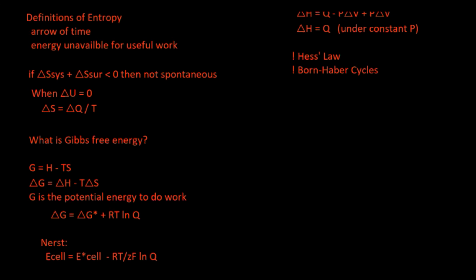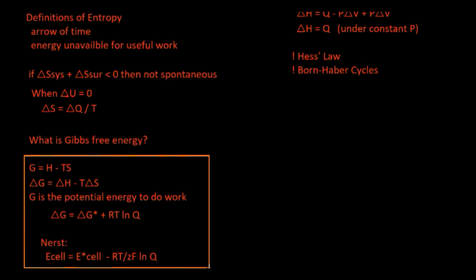I think one of the more complicated things about the last lesson was Gibbs Free Energy, and if you notice over here, I'm going to draw the box right now. Can you see how similar the formulas are?